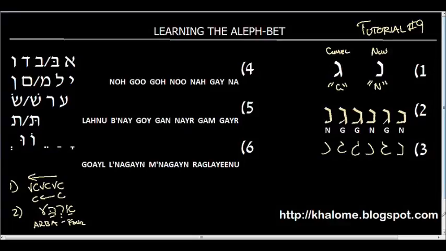An easy way to remember the Gimel is to think of the Hebrew Alef-Bet. Notice I've been putting all of these on the left in the order that they appear, even though we haven't learned them all. The first letter in the Hebrew Alef-Bet is Aleph. The second one will be Bet or Vet. The third is Gimel.